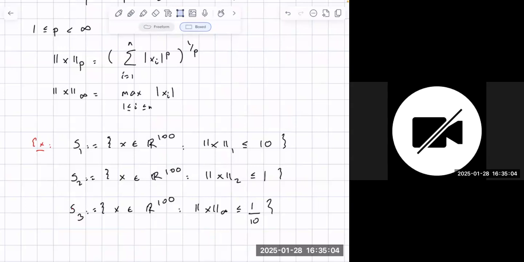So what does this mean? The infinity norm of x less than 1 over 10 means the max is less than 1 over 10. If the biggest coordinate is less than 1 over 10, that means every single coordinate is less than 1 over 10. So for example, try to compare this one with the other two.